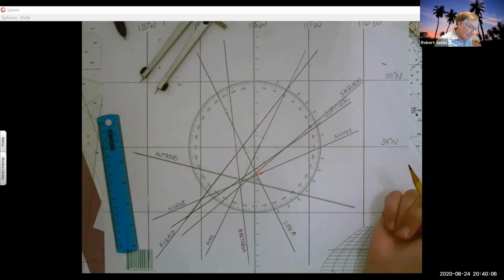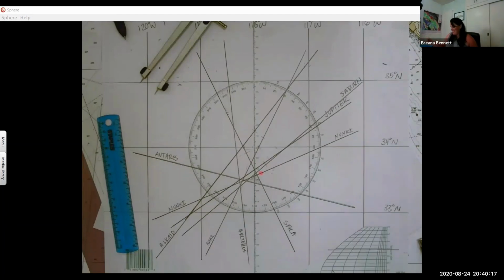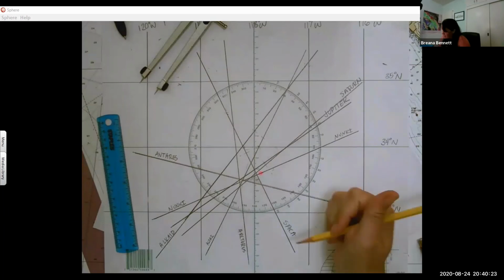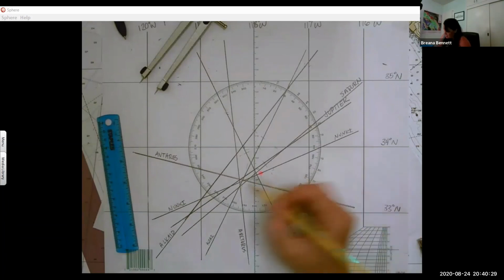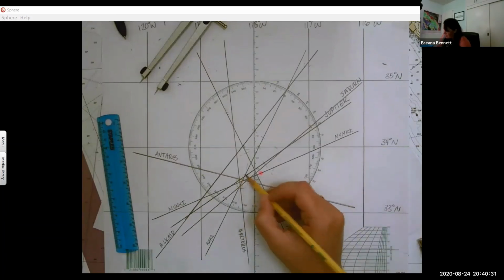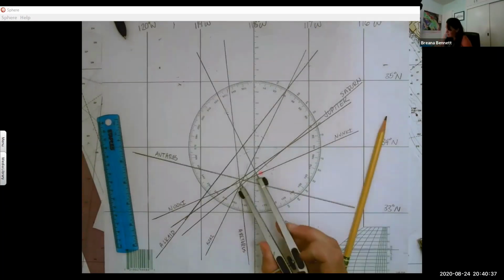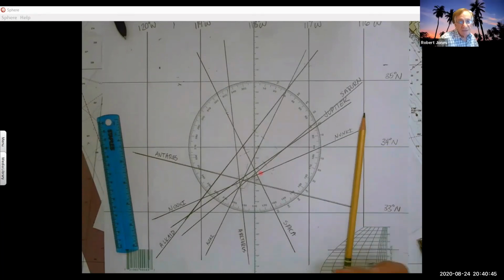Interesting. Okay. Oh, that's it. We're done. All that fun stuff. I would say there's just so many lines on here. If I was to guess without a DR, there's a lot focused right here. And if we said we were there, we're about 17 miles off. That's not too bad.